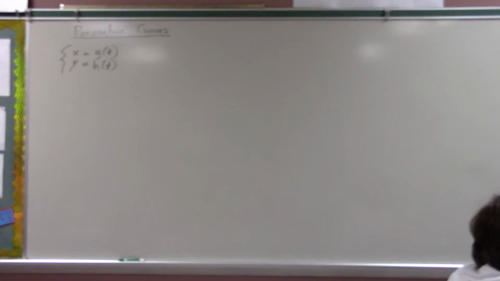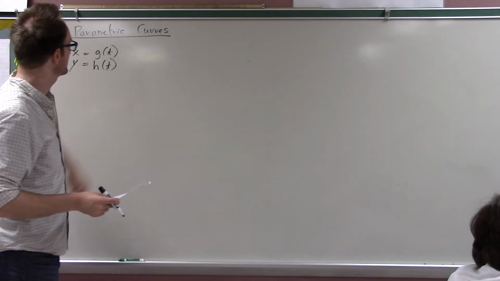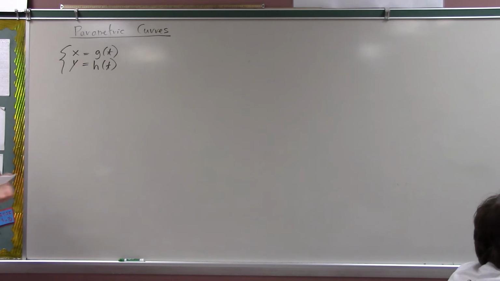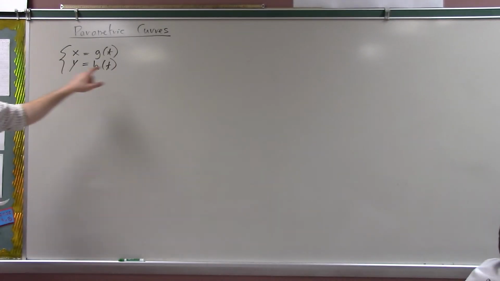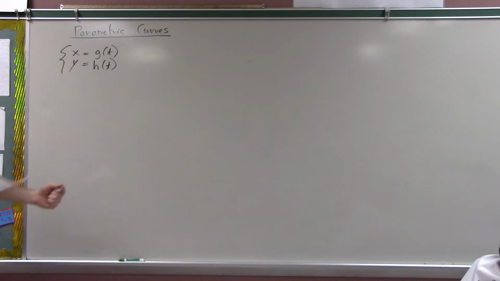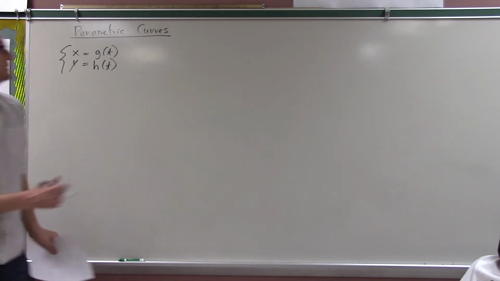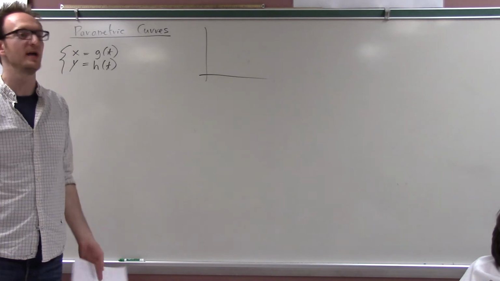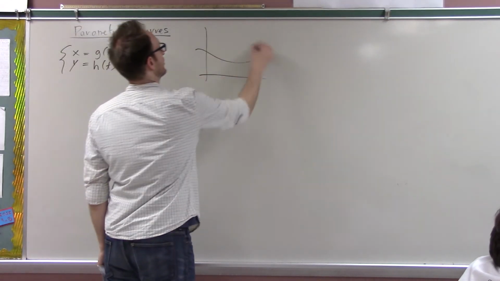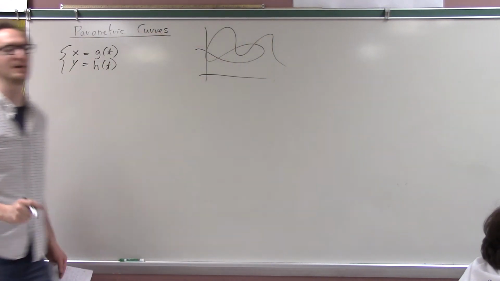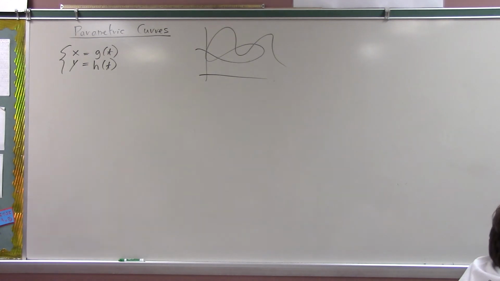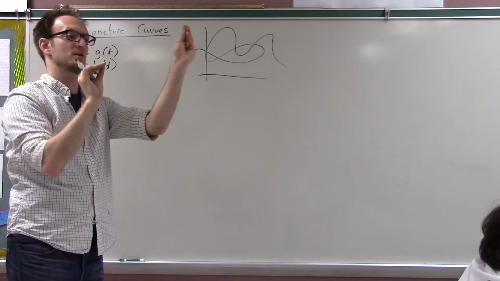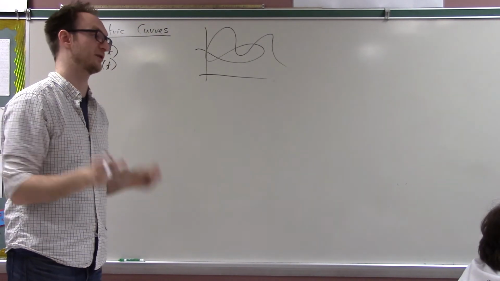Recall that x and y are not functions of each other; they are independent variables. The curve traced out could look like anything, even closing back in on itself in some wild fashion. I'm interested in the shape of that parametric curve.